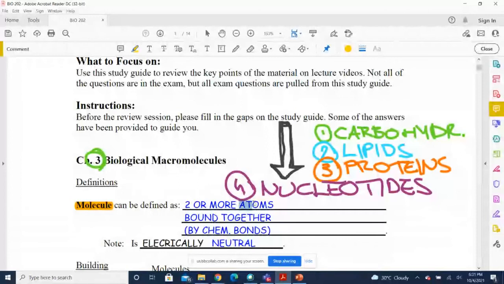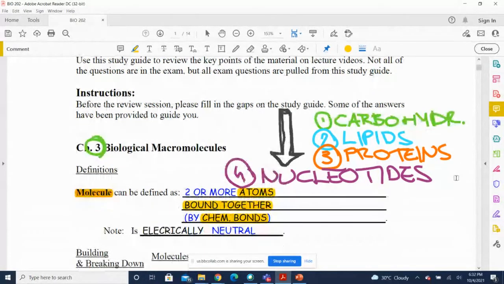And there needs to be at least two atoms to form a molecule. There can be way more than two atoms, but at least two are needed to form the smallest type of molecule that we can have. The other thing that we end up noticing is that usually these molecules that we discuss are going to end up being overall electrically neutral.